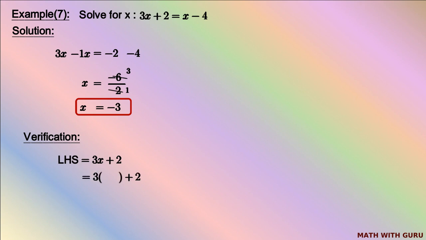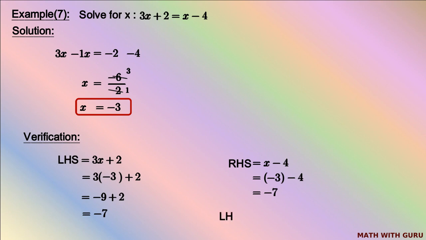Now 3 into x, x is minus 3. 3 into minus 3 is minus 9 plus 2 equals minus 7. Let us evaluate RHS. x minus 4. x is minus 3. Minus 3 minus 4 is equal to minus 7. Their algebraic sum is minus 7. So LHS equals RHS.